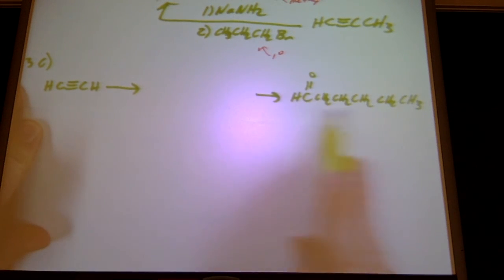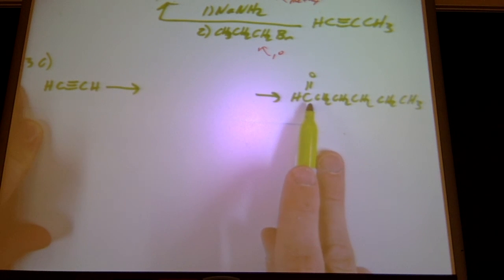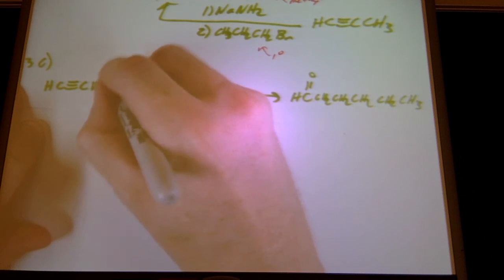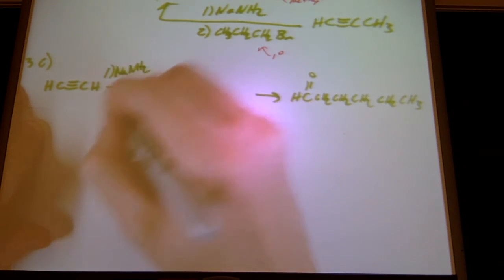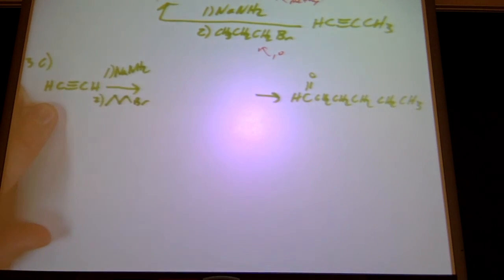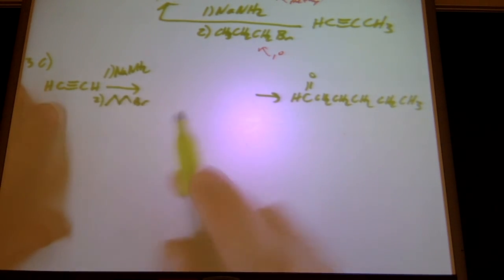Two carbons, 6 carbons, triple bond, double bond. Well, I can add 4 carbons. So let's go ahead and do that. 1, 2, 3, 4. Okay, there's 1, 2. So I'm adding 4 carbons to the end, and it's primary, so that works.